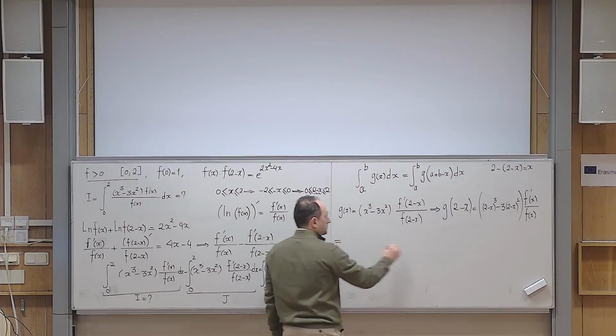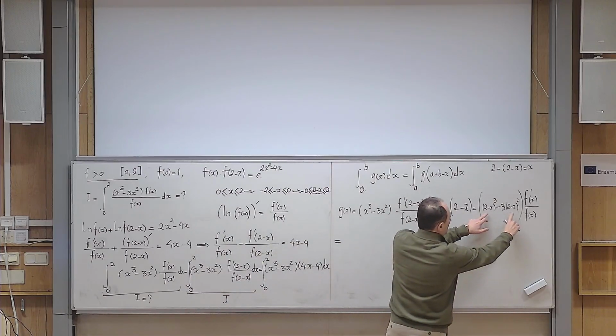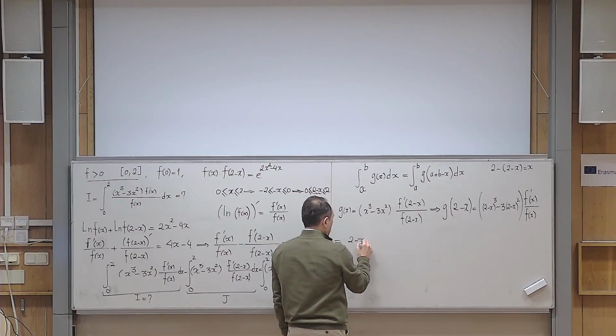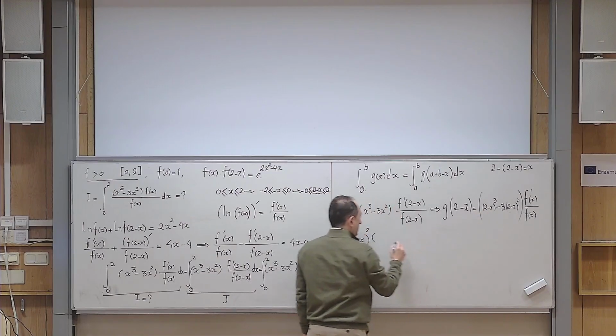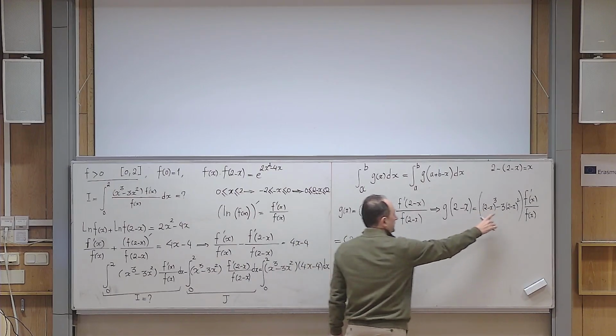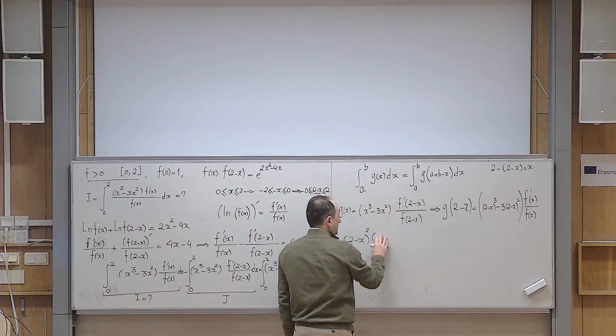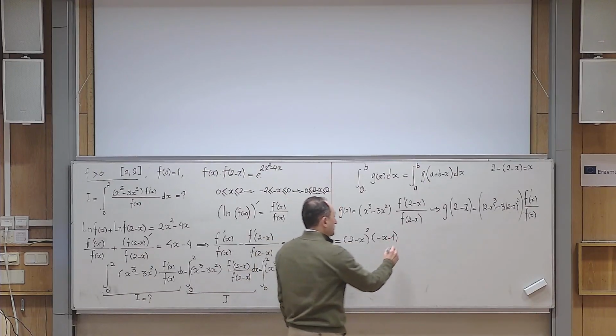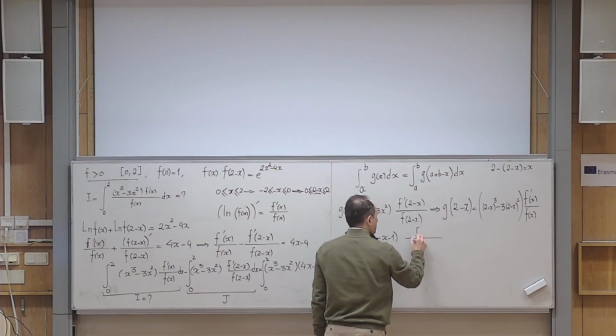To check it out, I can raise it to power 3, but I prefer to factor 2 minus x to power 2 out to see what it gives. And then from here, 2 minus x is left, and from there, minus 3 is left. So it becomes minus x minus 1. Okay? And then, of course, I repeat that last part, f prime of x over f of x.